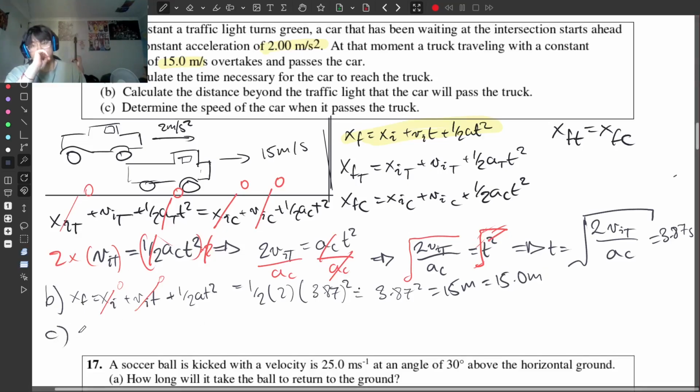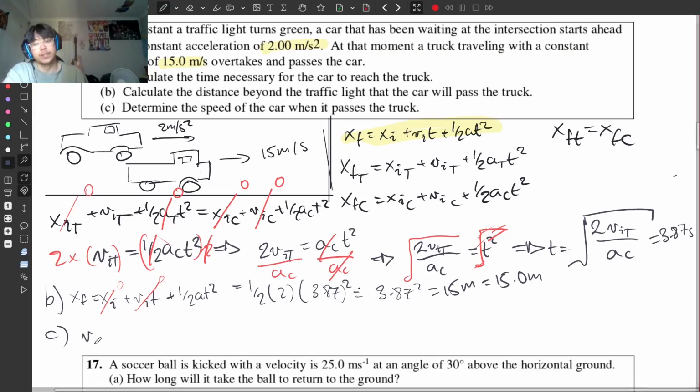And then part C, the speed of the car when it passes the truck. So we would need to find our final velocity. So we need to use a different equation. Namely, we would need to use this equation here.